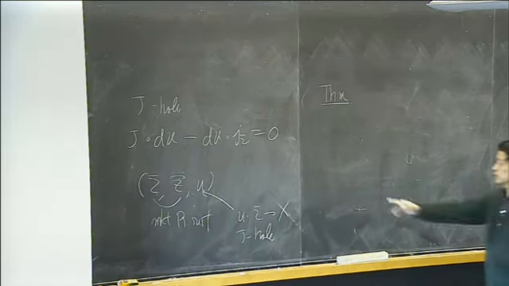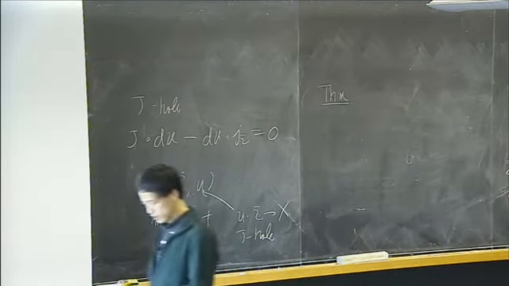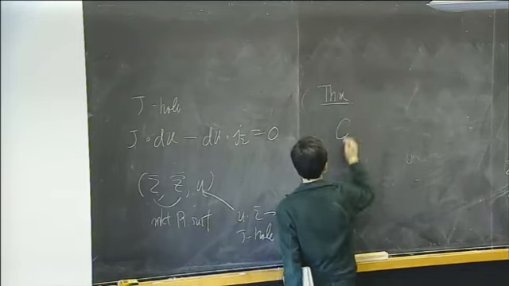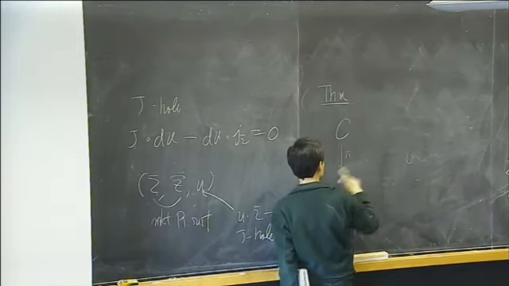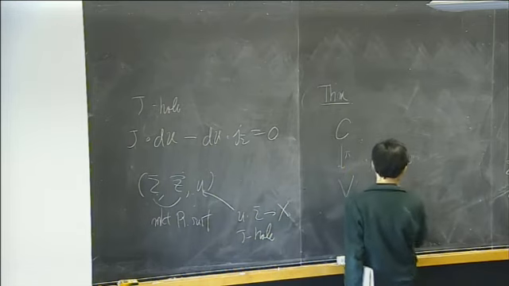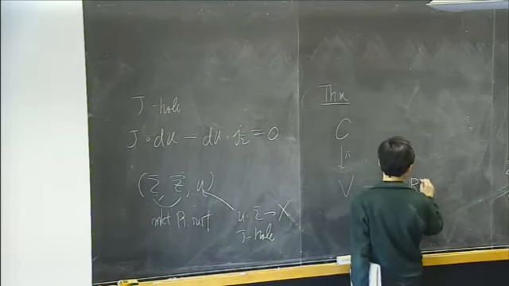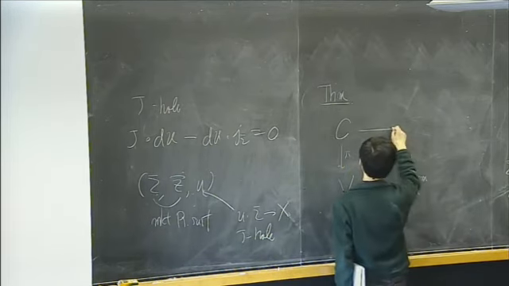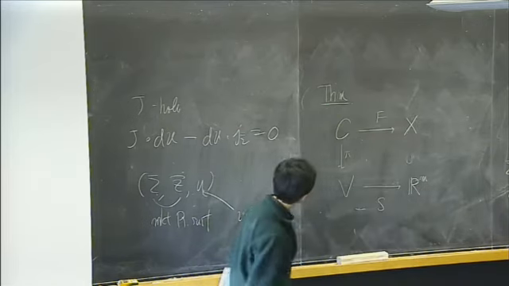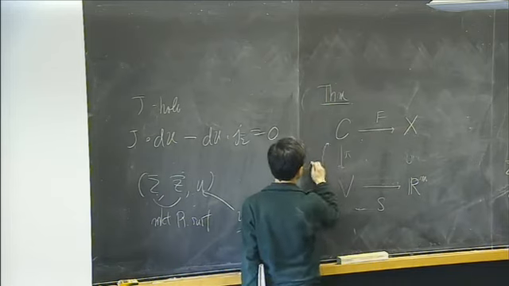With this, we consider these situations. Now the things get a bit bigger. You have these things: S, R^M, F, X. What else do we have? Yeah, you have this S.